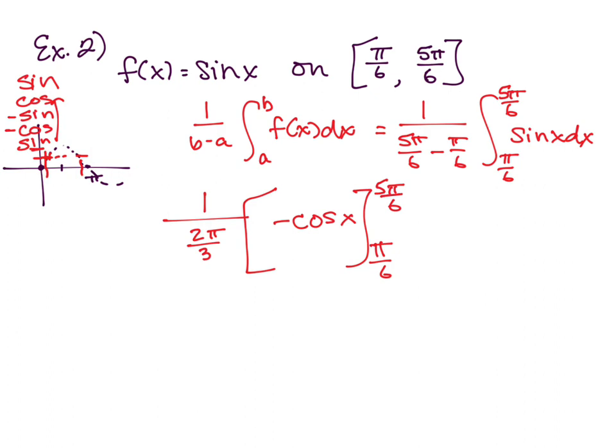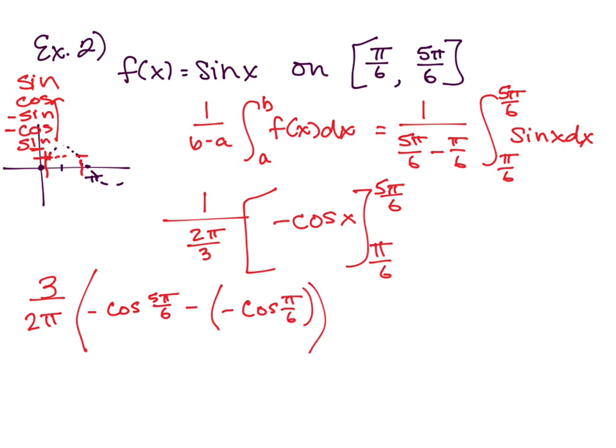Not halvesies anymore. 1 over 2 pi over 3. Can we call that 3 over 2 pi? Are y'all good with that? So 3 over 2 pi times negative cosine of 5 pi over 6 minus negative cosine of pi over 6.